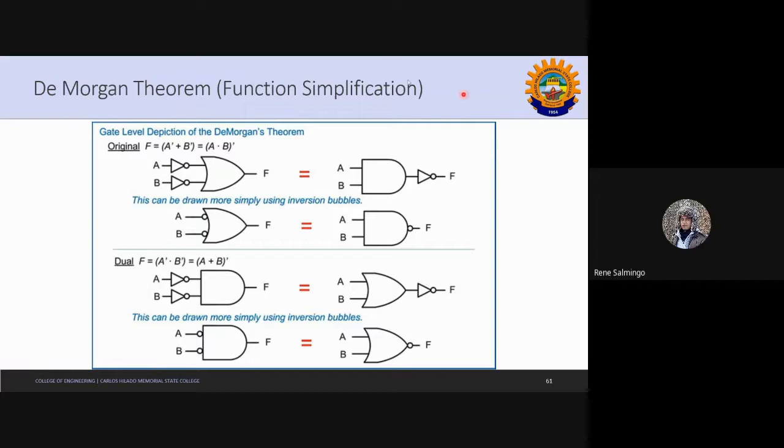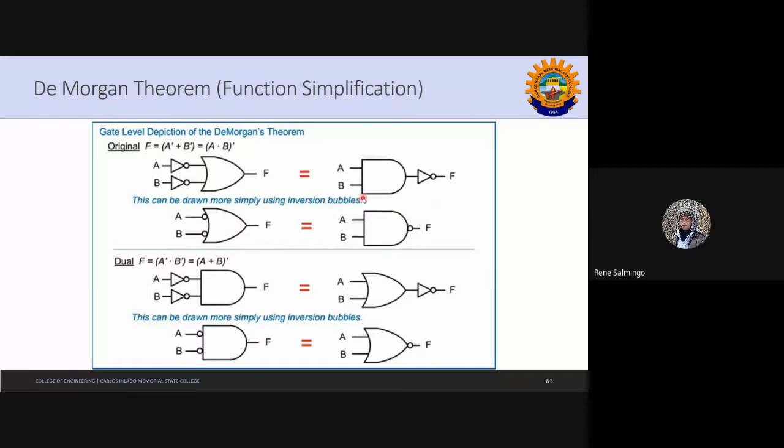So this is the function simplification using the De Morgan theorem. The original description is that you have F equals A prime or B prime, so you have this NOT or inversion symbol, and also you have B prime, so you have this NOT gate, and this is your OR symbol, and this becomes also a NAND.